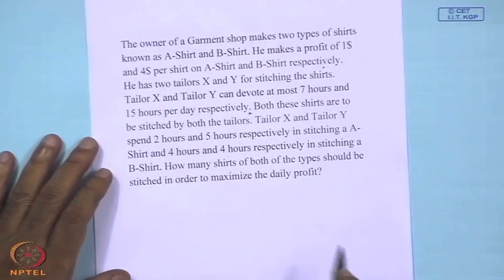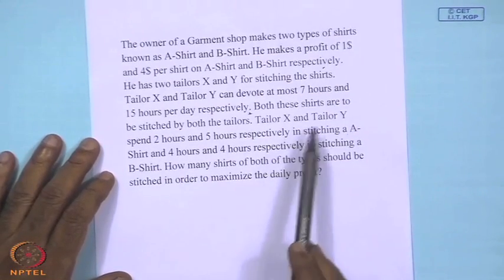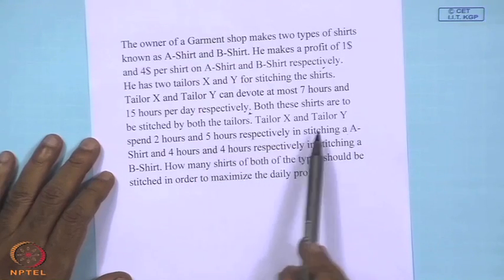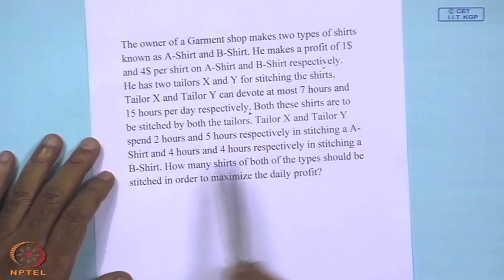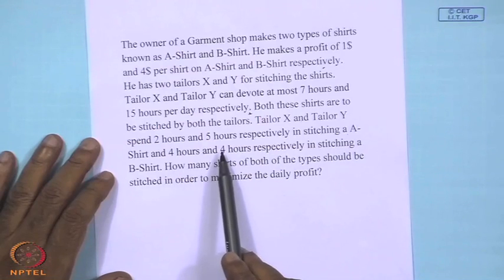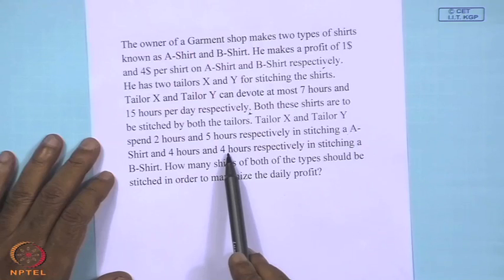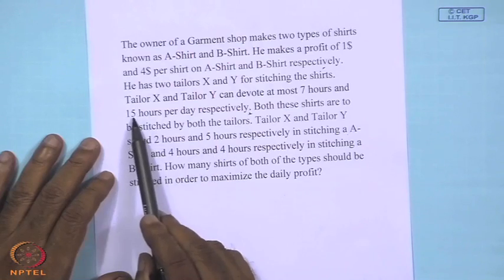Similarly, for the other one, tailor Y is taking 5 hours to stitch A type of shirt and 4 hours to stitch a B type of shirt. So, he is making 5 into x1 plus 4 into x2, and he is devoting 15 hours.